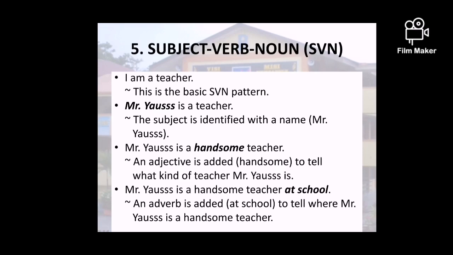You may change the sentence to "Mr. Yausss is a handsome teacher who teaches English at school." You are not only adding the verb, but also the adverb of place at the same time. That is a very good example given by the student. Actually, you may do that.